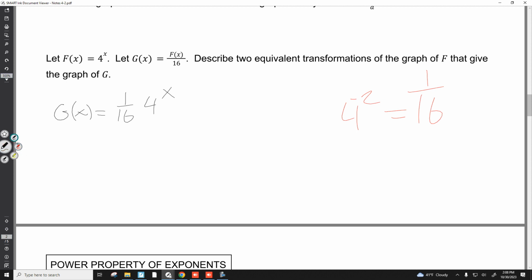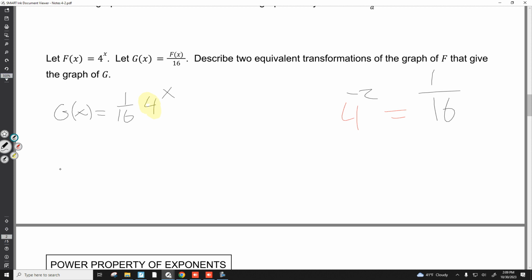So, ready? Here's what I'm doing. I'm paying attention, and this is something we're just going to get used to: the base. The base is 4. I'm going to try to keep everything in terms of 4 to a power, unless something else happens, which we'll see in the next page. I know 4 squared is 16. That means 4 to the negative second is 1/16.